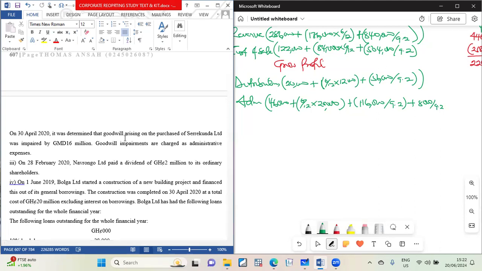All right, so we will do that. This one is 16 GMD. And the goodwill is supposed to be charged to administrative expenses. So 16 GMD. Converting that into CDs will be 1.7.